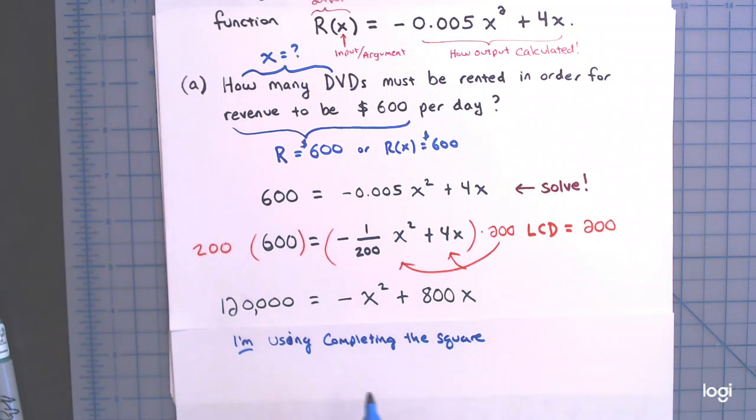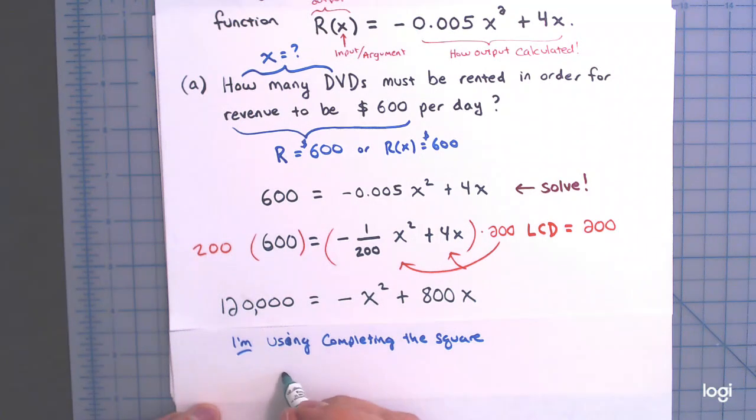Now remember, to complete the square, you have your variable squared term and your variable to the first term on their own side, and then the constant on the other. And the coefficient on the squared term has to be positive 1. Well, right now it's negative 1. So all I'm going to do now, just to fix that, is divide everything by negative 1, or multiply by negative 1, same thing.